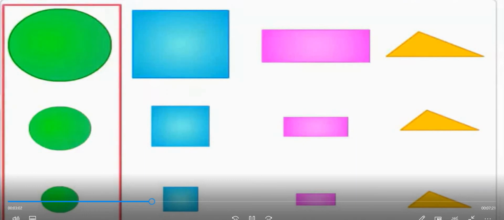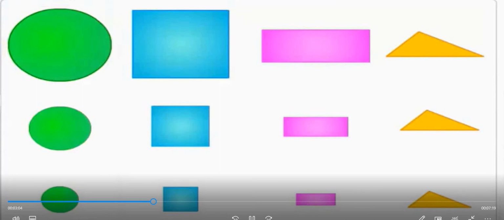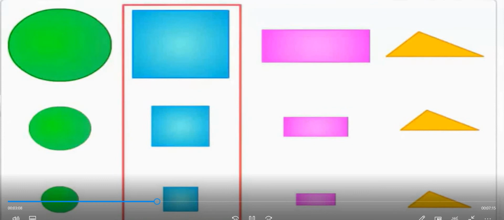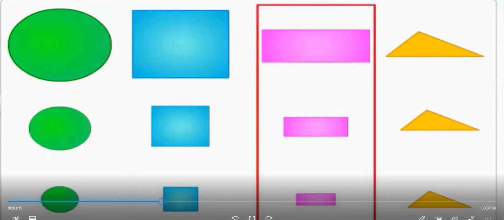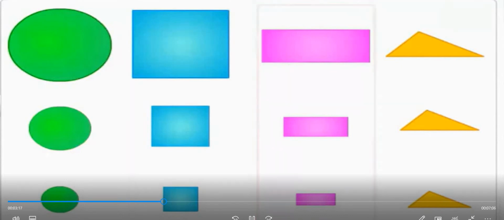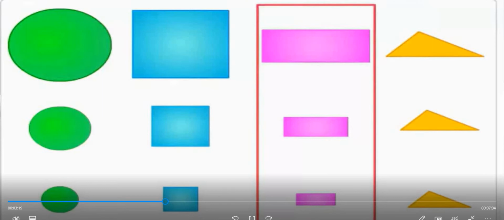Hence, all circles are similar. All squares are similar to each other as their angles are equal and their corresponding sides are proportional. Using the same logic, all rectangles are similar as the angles are equal and two pairs of corresponding sides are proportional.